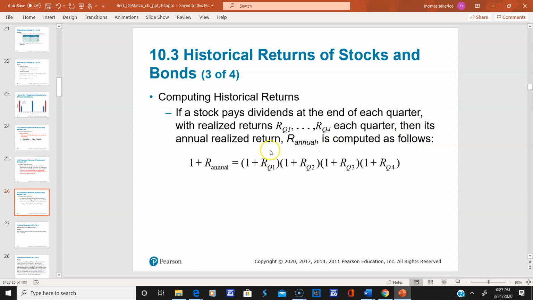It all depends on what the return is with each dividend, and what you do with it. So if you realized your return on each dividend and invested that, then your annualized realized return is going to be the total. You just take each one and multiply it by each quarter, and that's all you have to do to get the annual one.